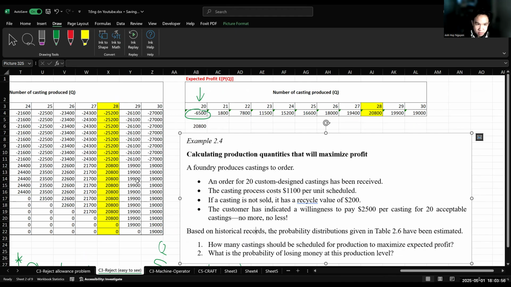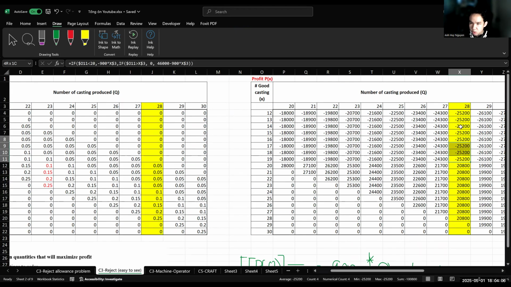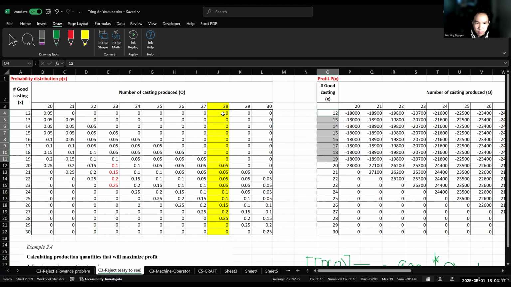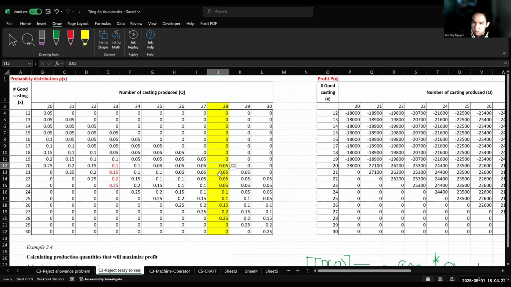If you schedule to produce 28 casting, you only lose money when you produce fewer than 20 casting, but the probability is zero, okay? You will always produce equal or more than 20 good casting. So the probability that you lose money will be zero, okay?